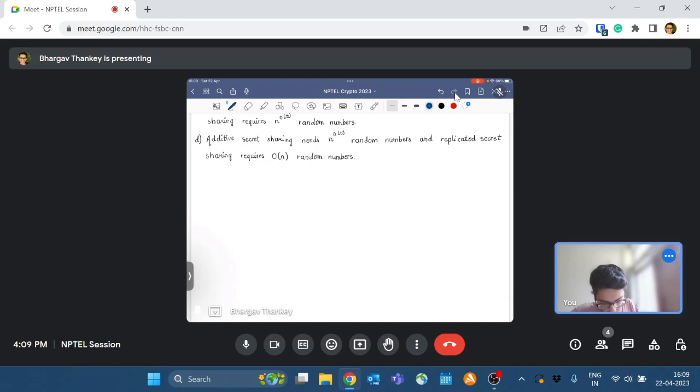In the editor, in the additive secret sharing scheme, the dealer picks n minus 1 random numbers.